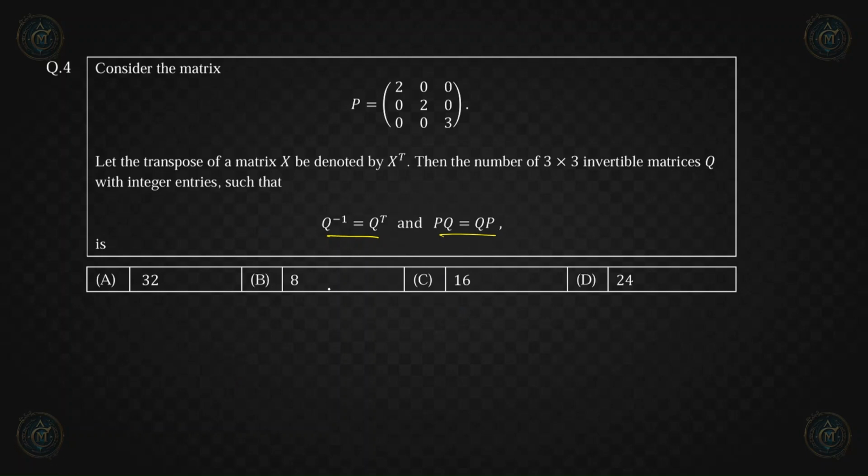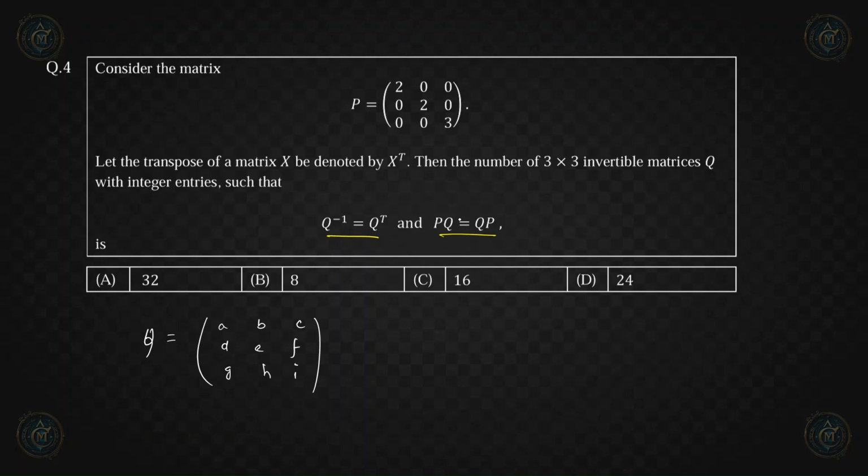Okay, so we can assume this Q to be something like A, B, C, then D, E, F, G, H, I. So we have nine variables here: A, B, C, D, E, F, G, H, I. Then we can multiply PQ and then multiply this to get QP.